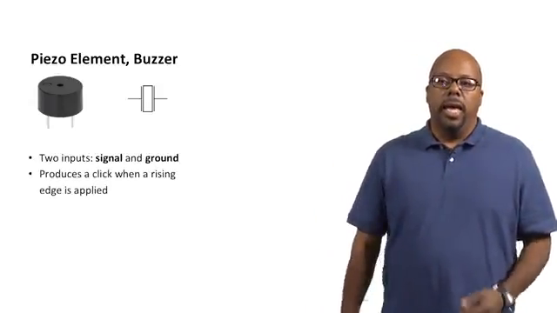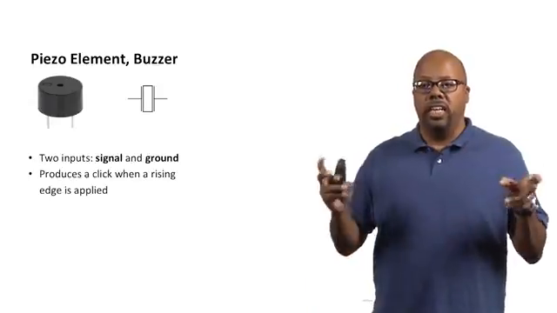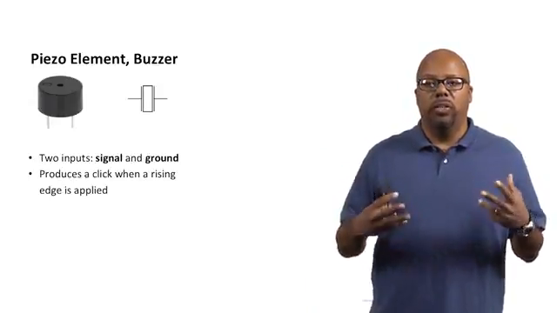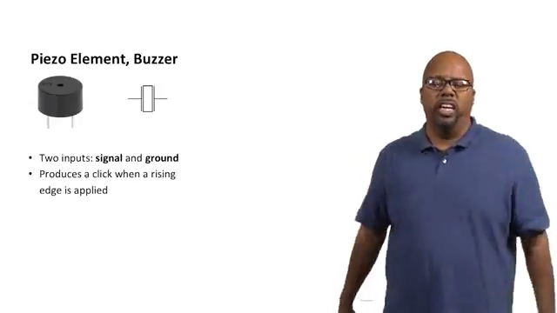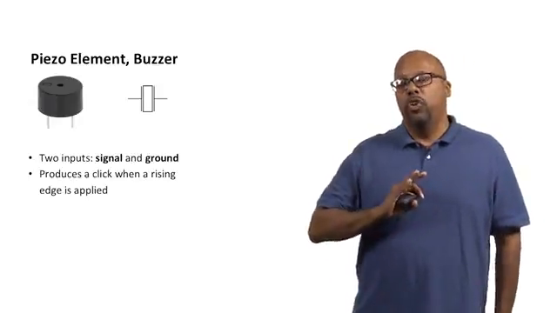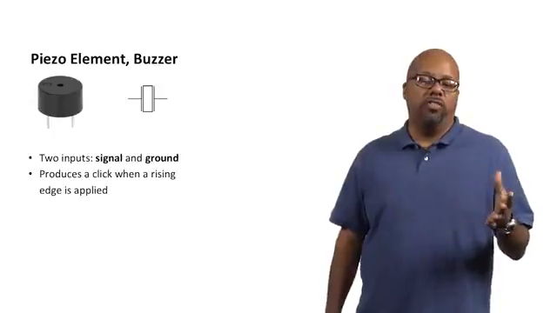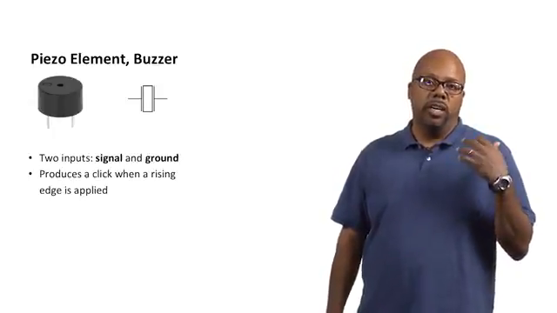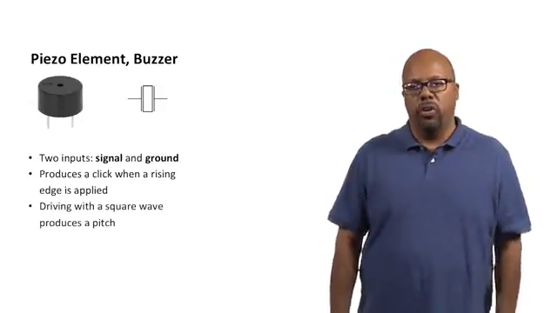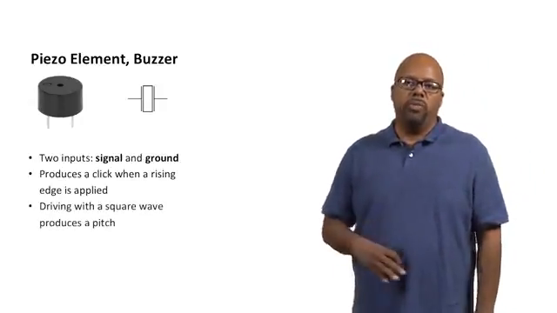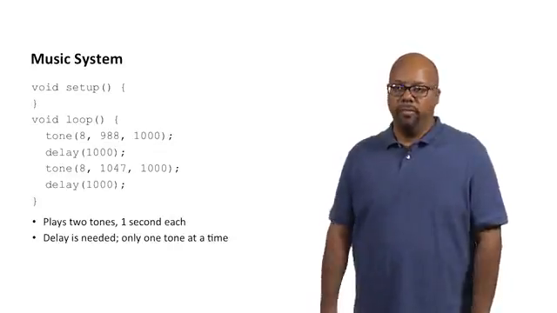And it produces a click, or some kind of sound which we'll call a click, when the rising edge is applied. So if you have it clicking at a particular frequency, you can change the tone that's generated. Even though it's still a buzz, you can change the frequency of the tone overall. So driving with a square wave produces some kind of pitch, whatever pitch you want to make.